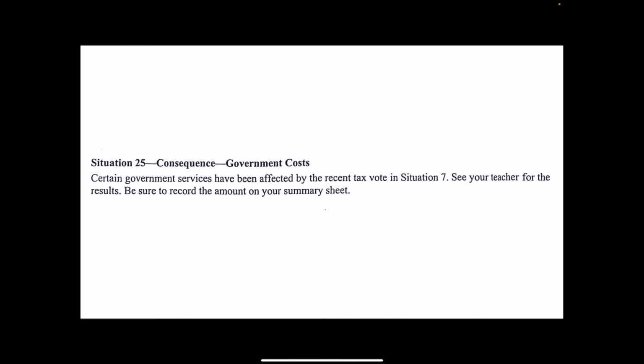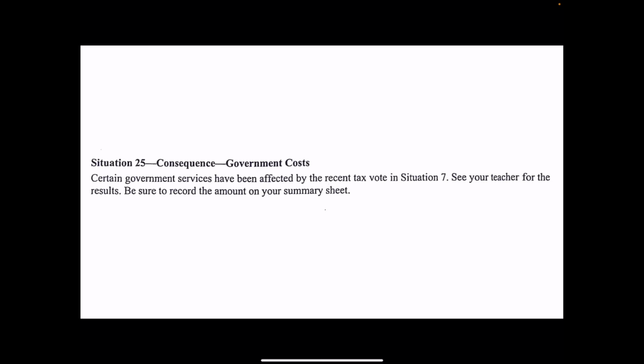Situation 25, government costs. Certain government services have been affected by the recent tax vote in situation 7. So let's go back to situation 7 and see what choice you made.